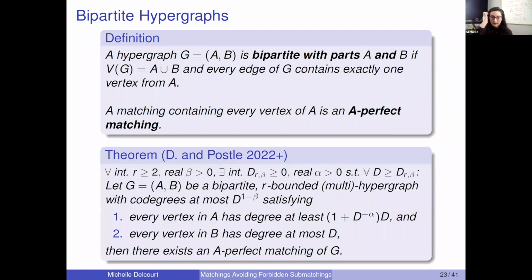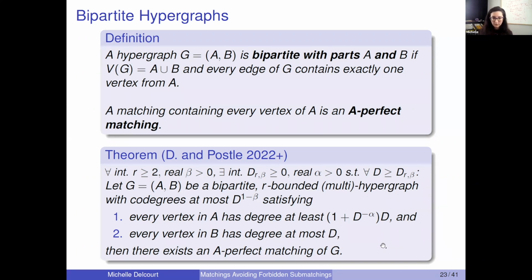So in this context, we show a very general result about finding A-perfect matchings. Essentially, we have a bipartite R-bounded hypergraph with bounded codegree and maybe slightly mismatched degrees. So within A, all the degrees are at least this, and within B, all the degrees are at most this.